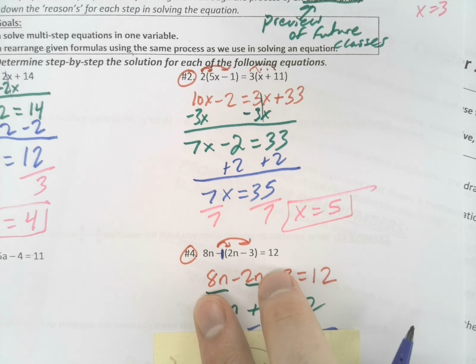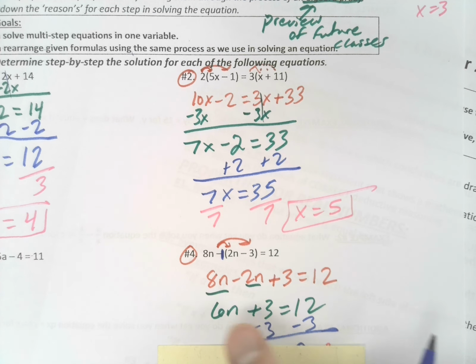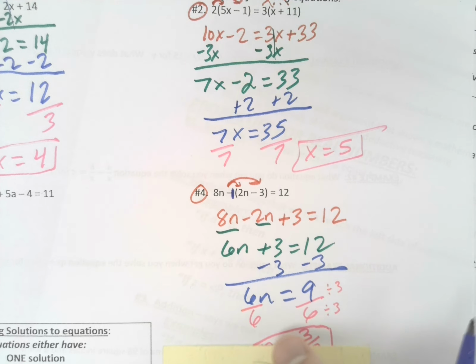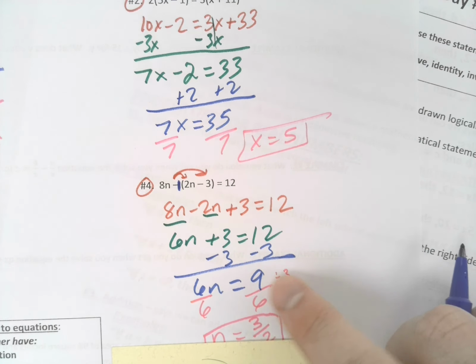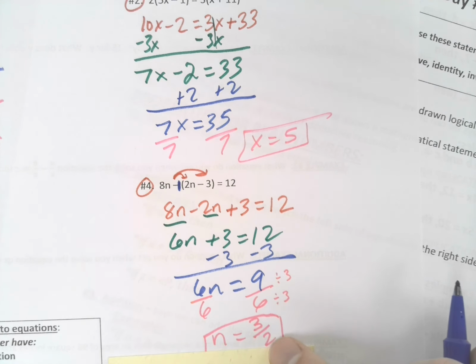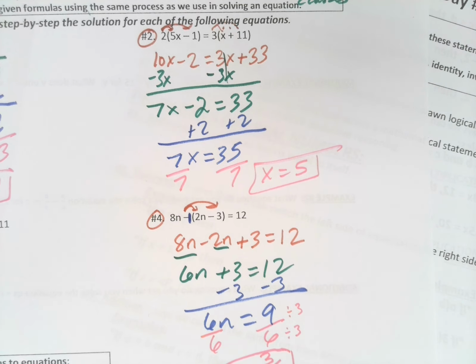Then we have two numbers here. I'm going to subtract 3 over because we're trying to get everything away from n. Then we divide by 6. 9 divided by 6, that's going to be a fraction. We know 3 goes into both of those. 3 goes into 9 3 times. 3 goes into 6 2 times. So 9 over 6 is really 3 over 2.